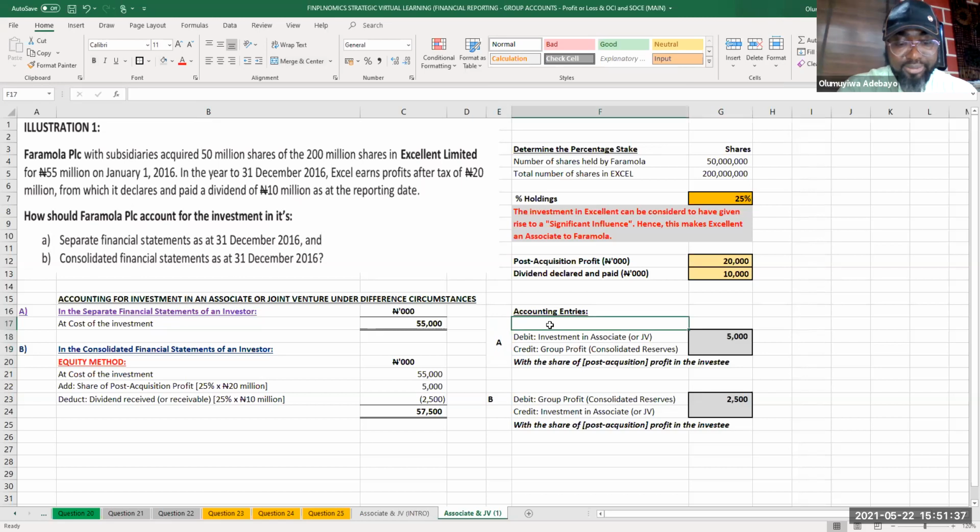A is recognition of share of profits in an associate or joint venture.